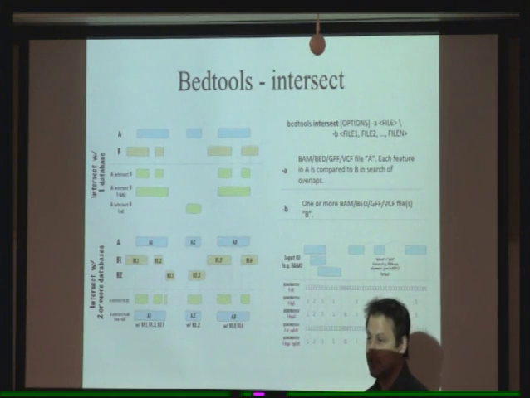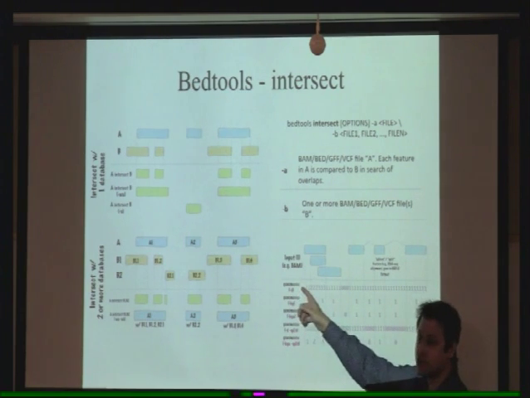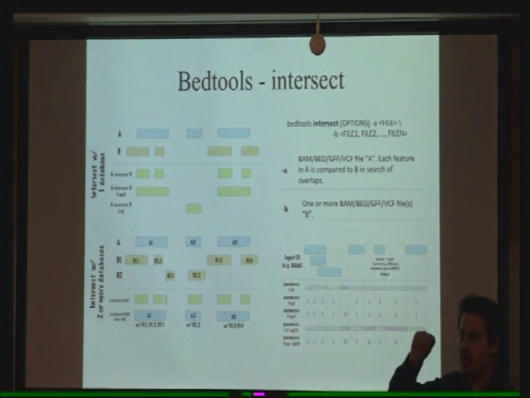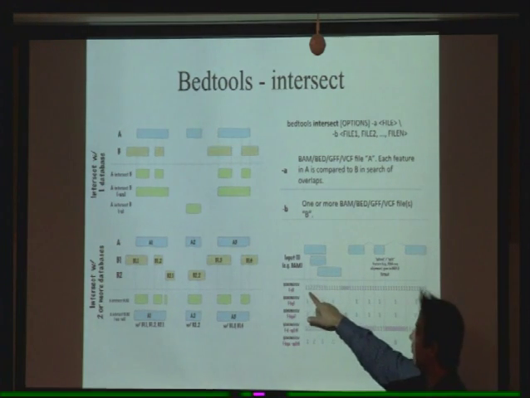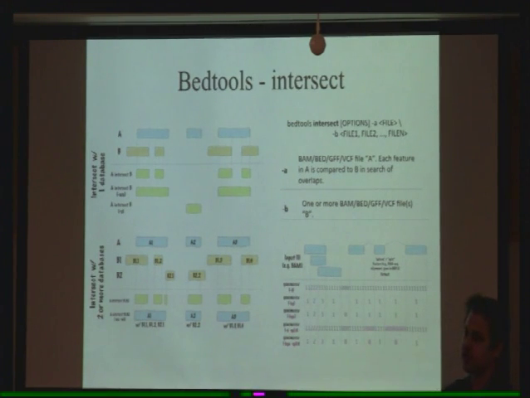You can say which ones are distinct, which ones are unique between them. You can also count the coverage. If you want to know how many reads in this bed file overlap a region, it can count that as well. So if you want to get a little better at manipulating bed files and you have specific questions, look into this program because it's pretty important.